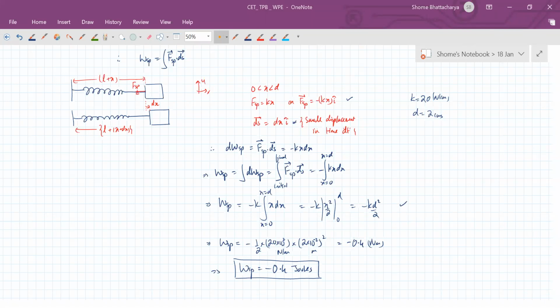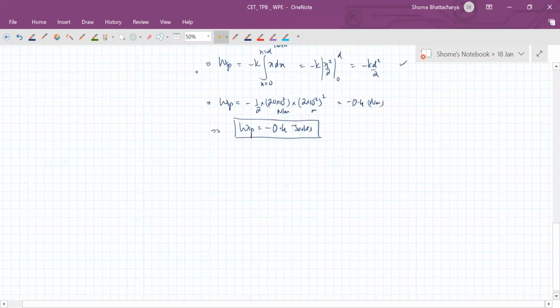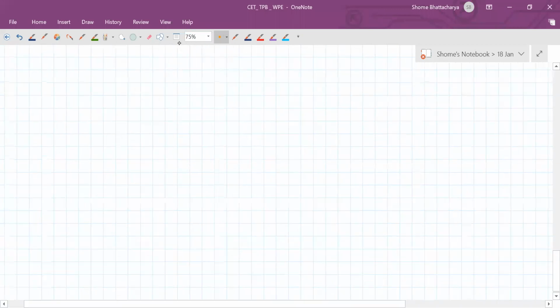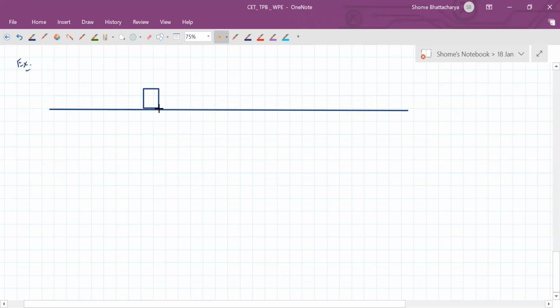Okay, very good. So let's move on to another example of work done by variable force. So now let's say we have this situation where a block of mass m is lying on a rough surface which has coefficient of friction 0.1.